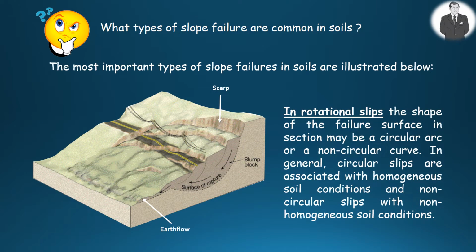In rotational slips, the shape of the failure surface in section, as shown in the figure here, may be a circular arc or a non-circular curve. Generally, circular slips are associated with homogeneous soil conditions and non-circular slips with non-homogeneous soil conditions.